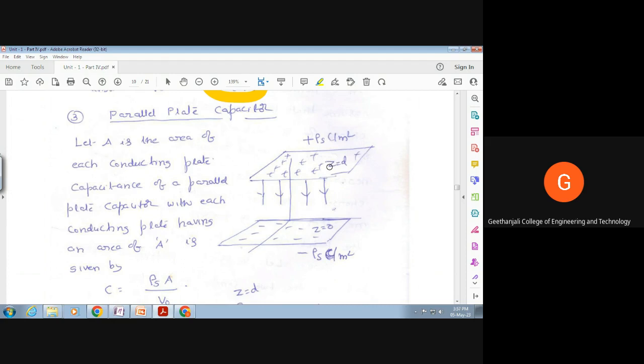The plate placed at Z is equal to D contains a positive surface charge with a density of plus rho S coulombs per meter square, and the one placed at Z is equal to 0 has a negative surface charge with the density of minus rho S coulombs per meter square. So the distance between the two plates is D meters.